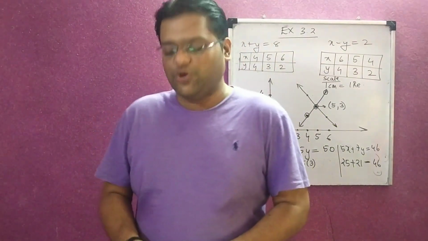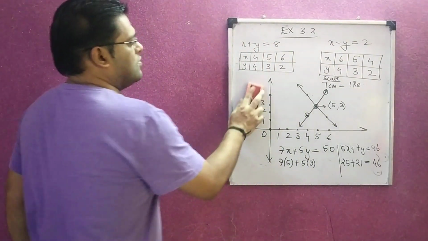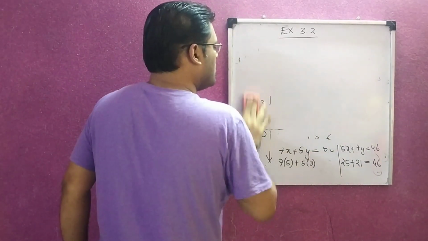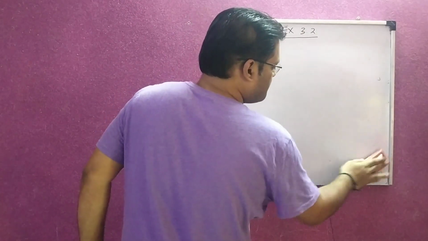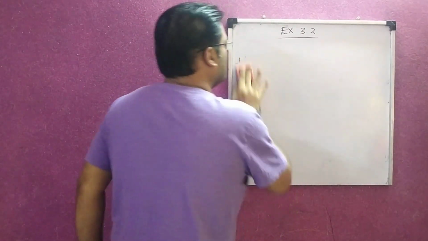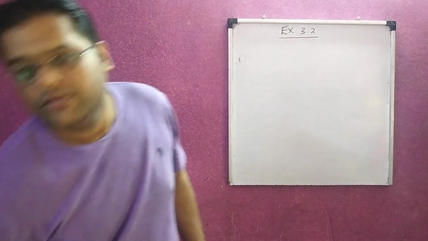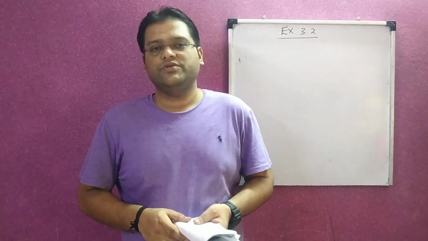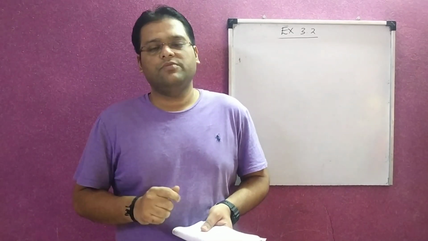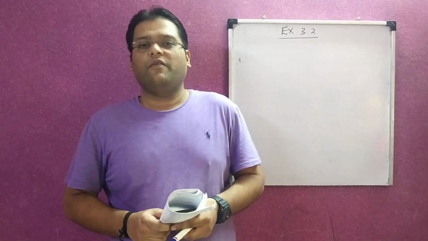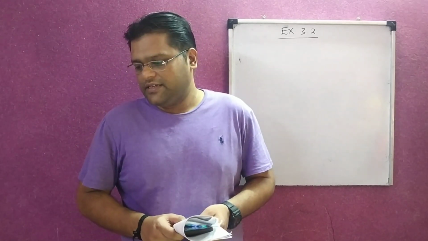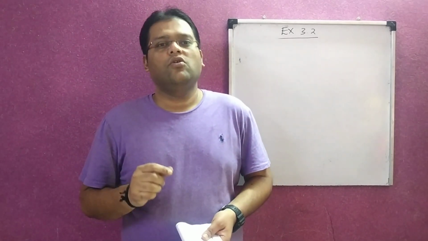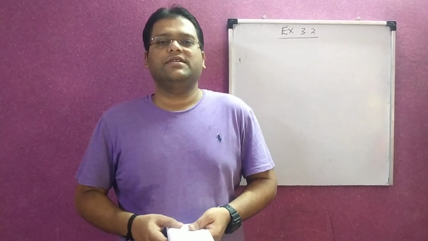Let us proceed to question number 2. So I repeat that question one more time. On comparing the ratios A1 upon A2, B1 upon B2 and C1 upon C2, find out whether the lines representing the following pair of equations are intersecting at a point or are parallel, or we can say coincident.